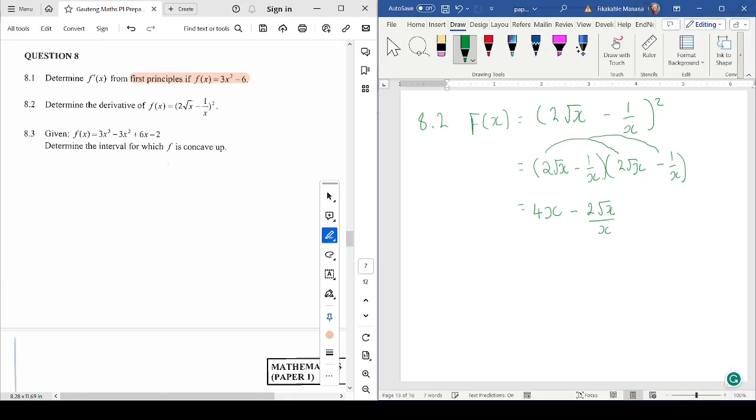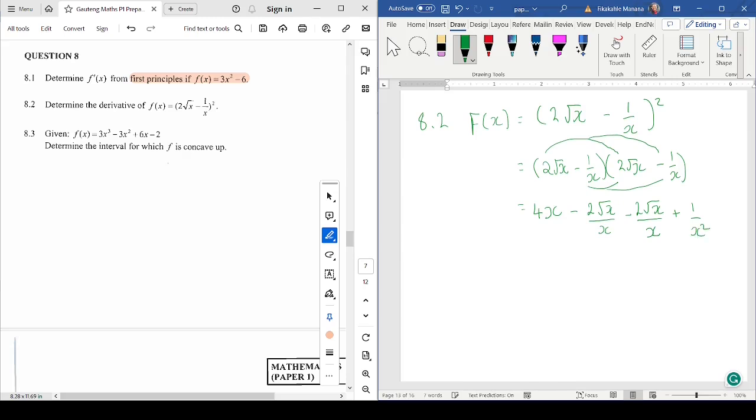And then the next one I'm multiplying is these two. I'll get the same thing. 2 square root of x over x. Do you see that? And then the last one is these two multiply. First of all, they give me a positive answer, and it's going to be 1 over x squared.